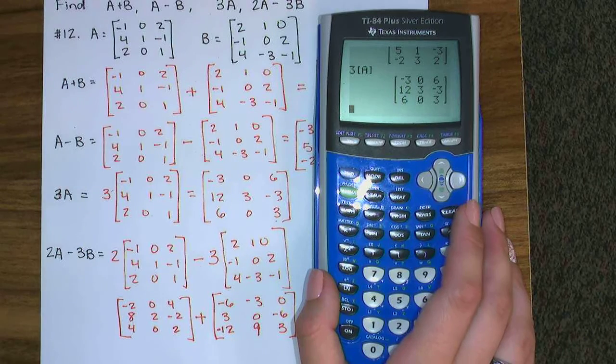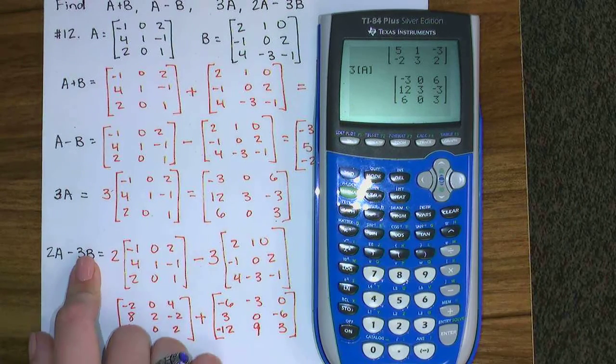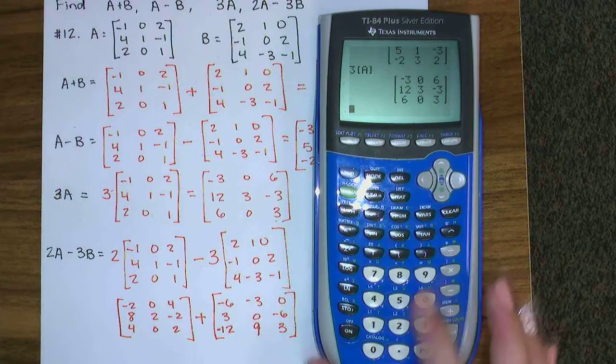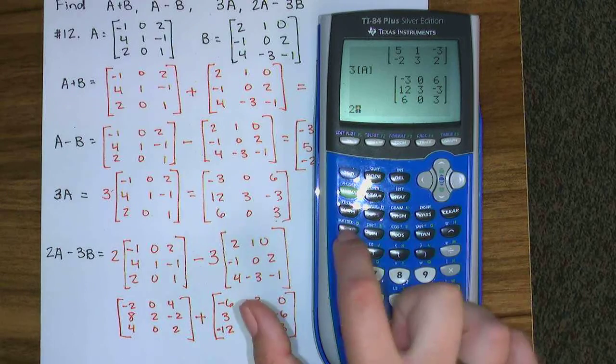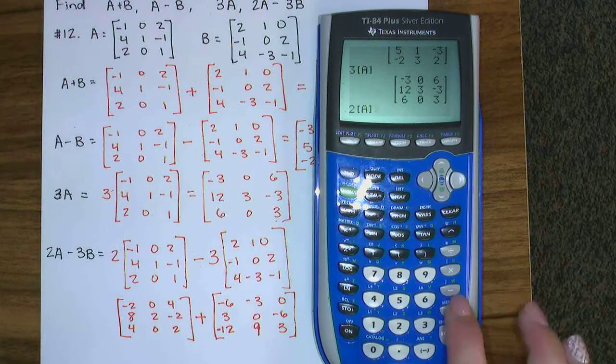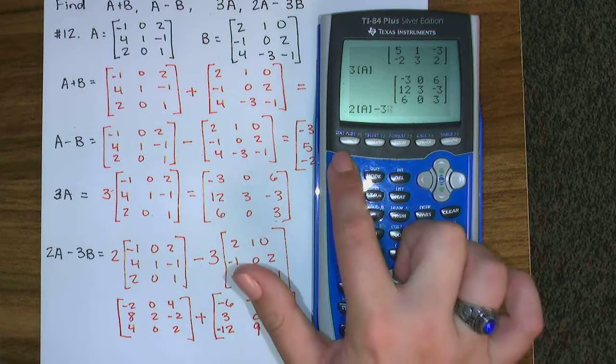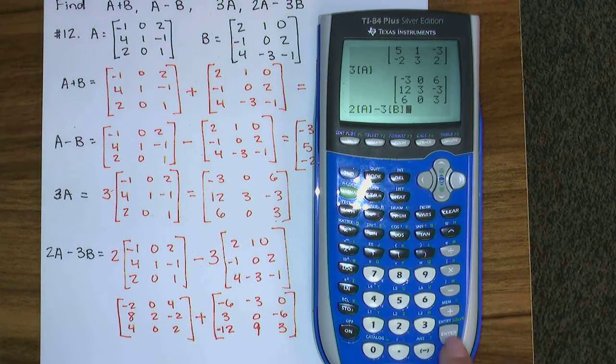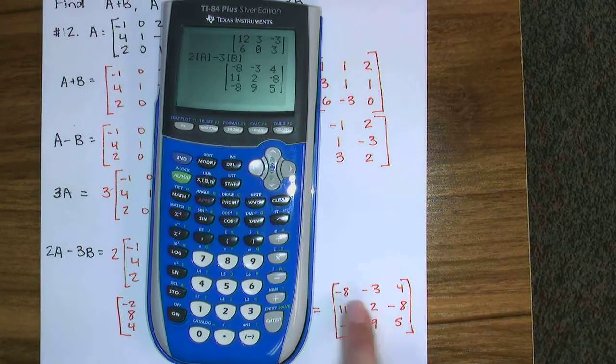And then lastly we have 2A minus 3B. So I'm going to do 2, second matrix A, minus 3, second matrix B. So this one gave me negative 8, negative 3, 4, 11, 2, negative 8, negative 8, 9, 5.